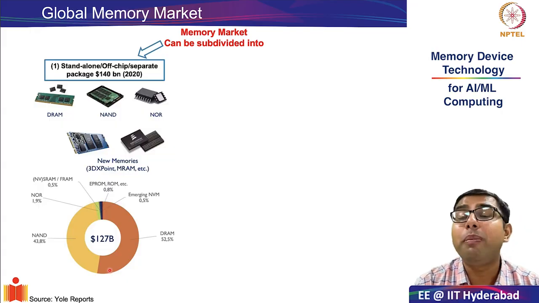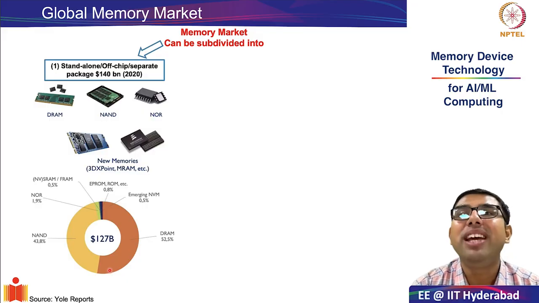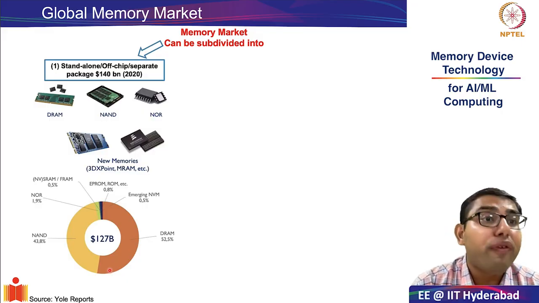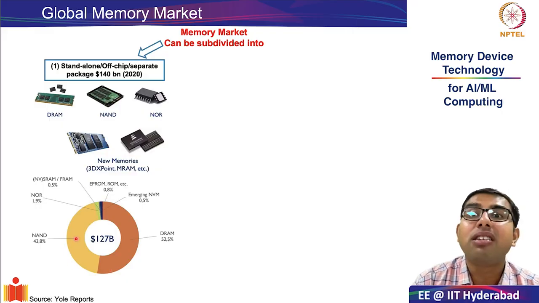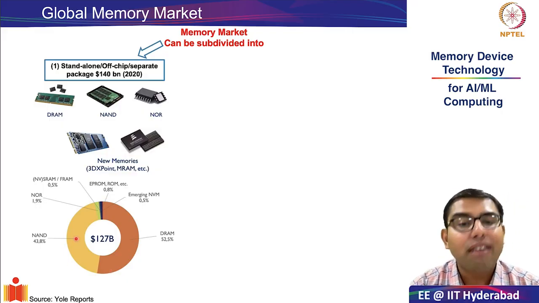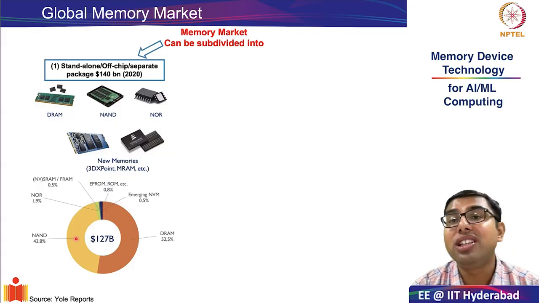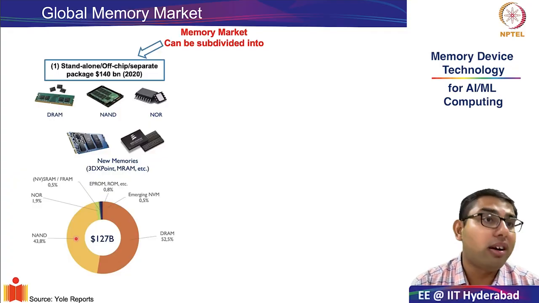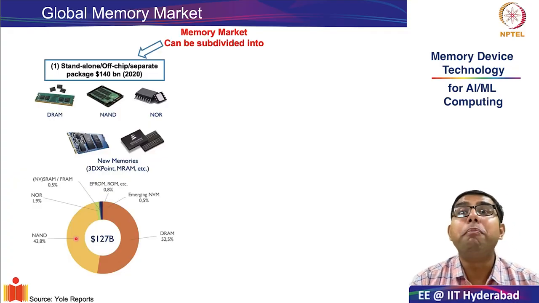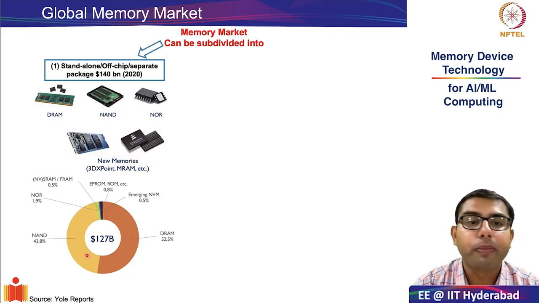Remember what cost per bit was? The number of dollars you need to spend to buy or manufacture 1 GB of memory. This metric was almost 8 times lower for NAND flash as compared to DRAM. And this explains why DRAM is a much more expensive technology compared to NAND flash, and therefore in absolute dollar terms it occupies more space in this pie chart.